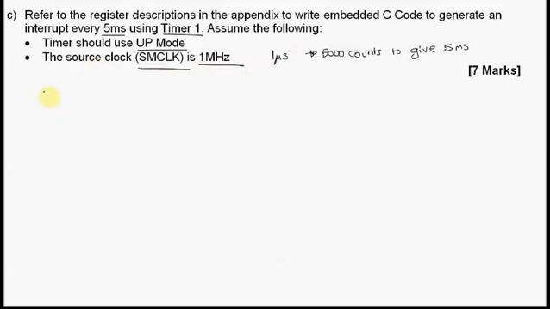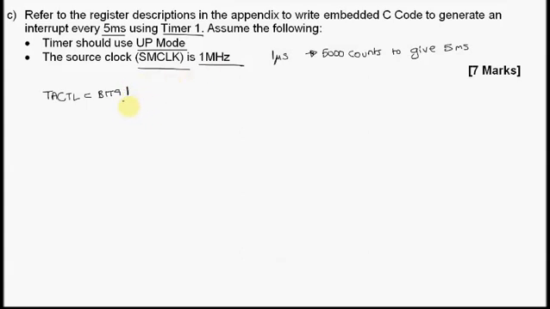So TACTL is equal to, the top few bits we're not going to use. We're going to use bits 8 and 9, to set the clock as the SM clock. So bit 9 gives us the SM clock.